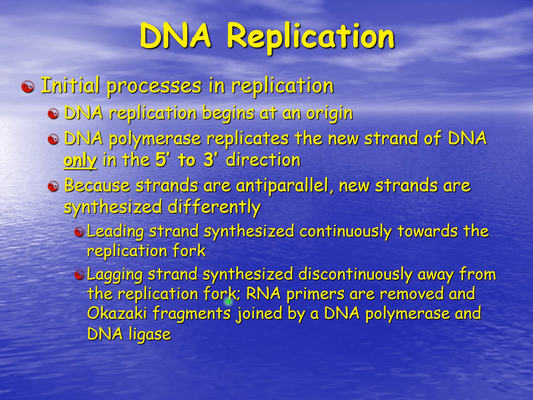And what we will find is we have numerous RNA primers that will be necessary, and we actually will make the lagging strand in short segments known as Okazaki fragments. The Okazaki fragments are anywhere from about 1,000 to 5,000 nucleotides long.